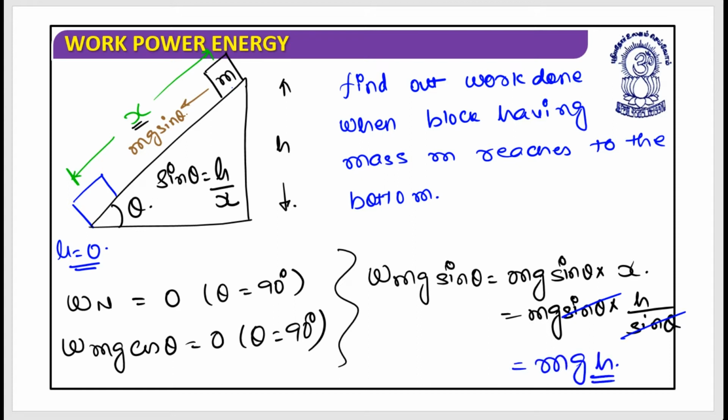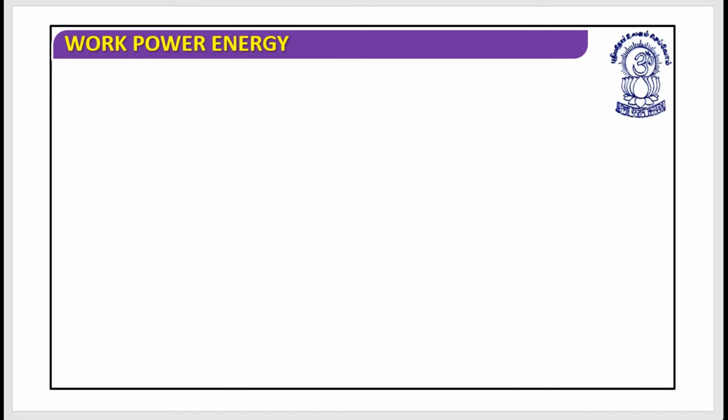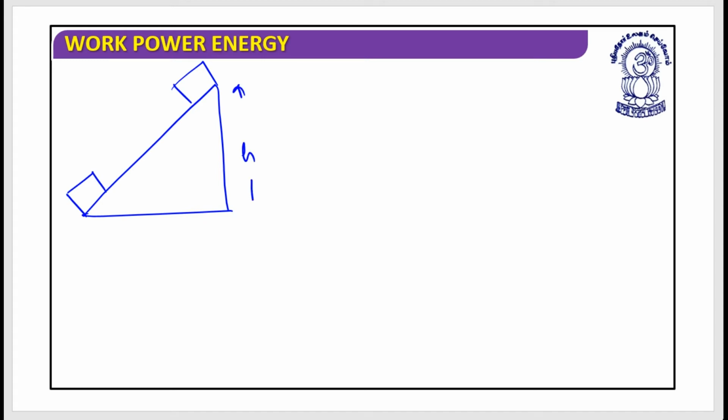So now what you need to observe, why we are discussing these things over here, is that this was the situation. Look at this and observe this very carefully with respect to conservative and non-conservative aspect. This is height h, this was height h, this was block m, it has reached to here, this is theta.